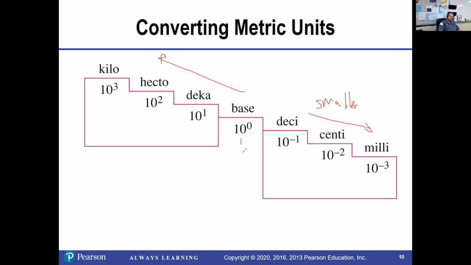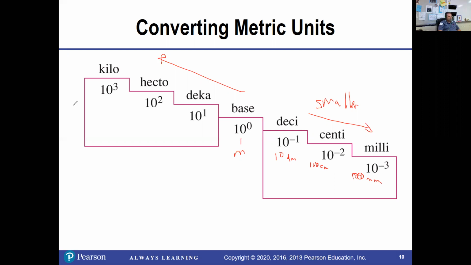If this is a meter, 1 meter would be 10 decimeters, or 100 centimeters, or 1,000 millimeters.